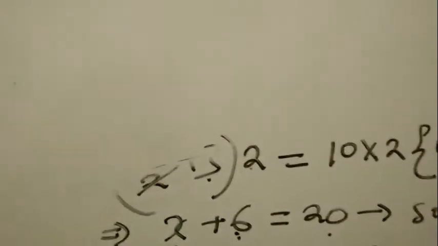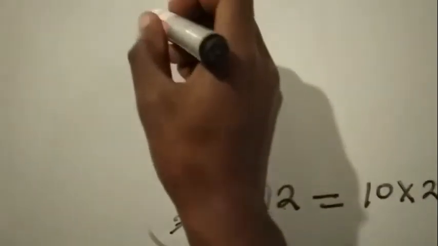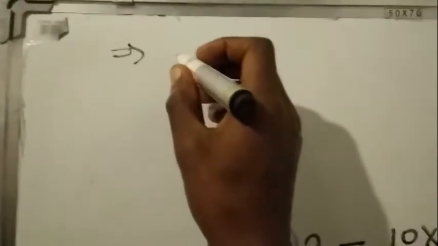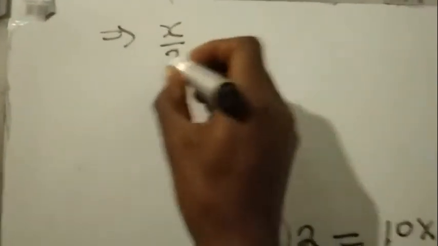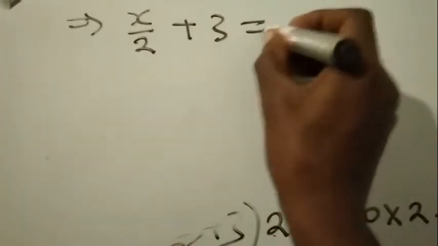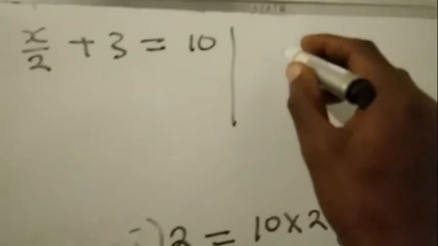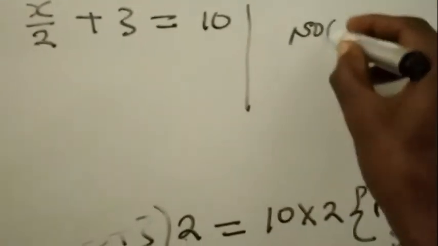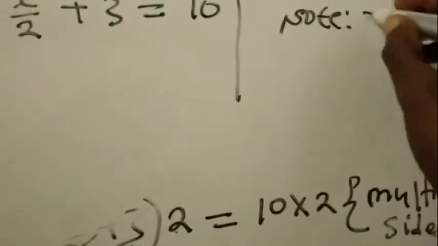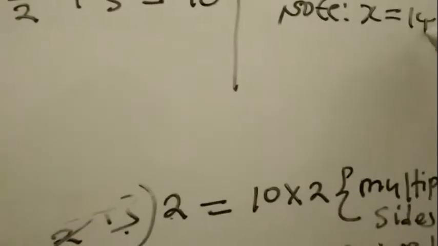Okay, so there we go. So our equation is x over 2 plus 3 equals 10. Now, note that our x was 14.